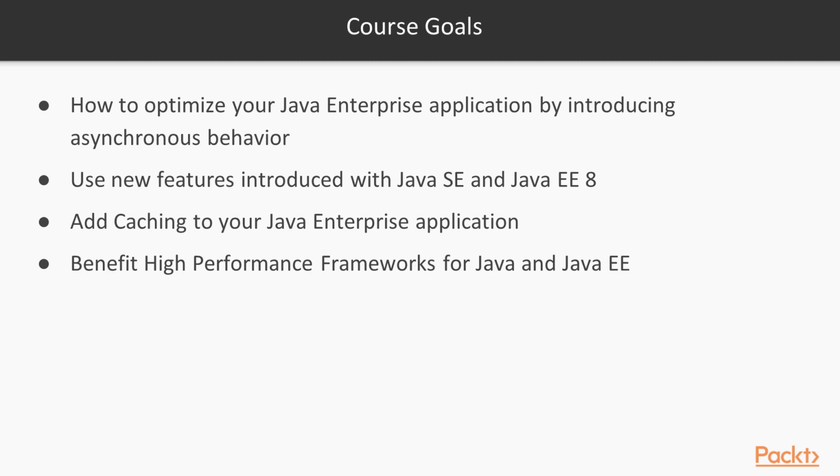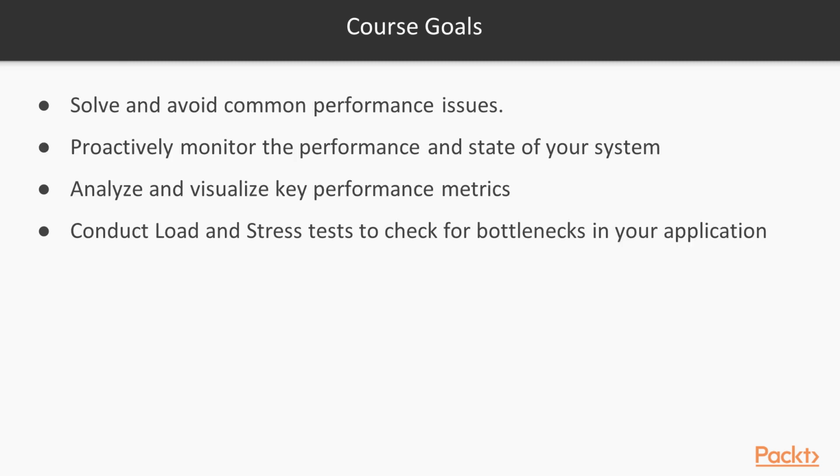How to add caching to your application by using the JCache standard and some of the many implementations that are available. To benefit from high performance frameworks for both Java SE and Java EE, solve common performance issues and pitfalls and how to avoid them in the future.